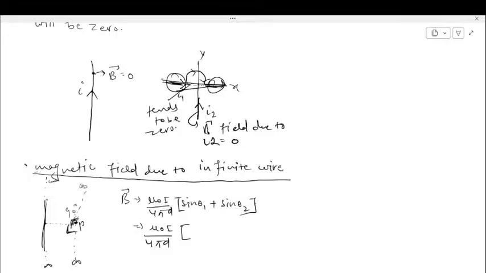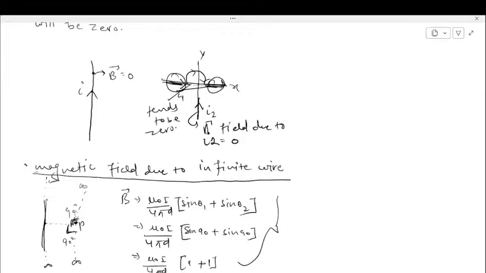This line also joins at infinity, so theta 2 is 90 degrees. So sin 90 plus sin 90.